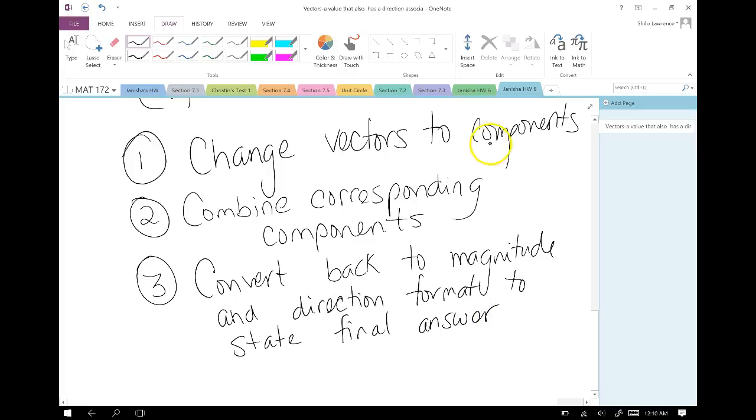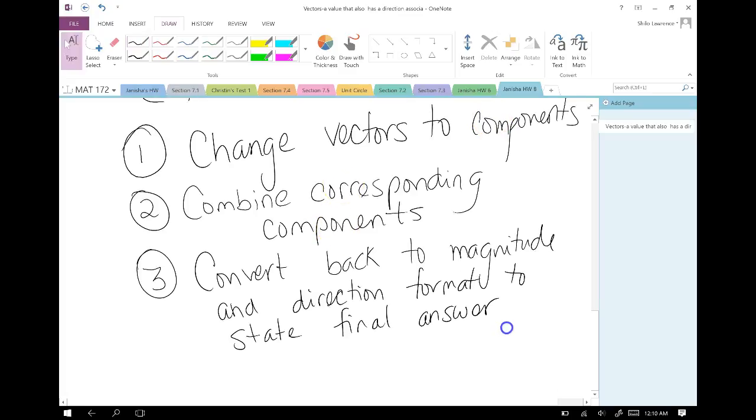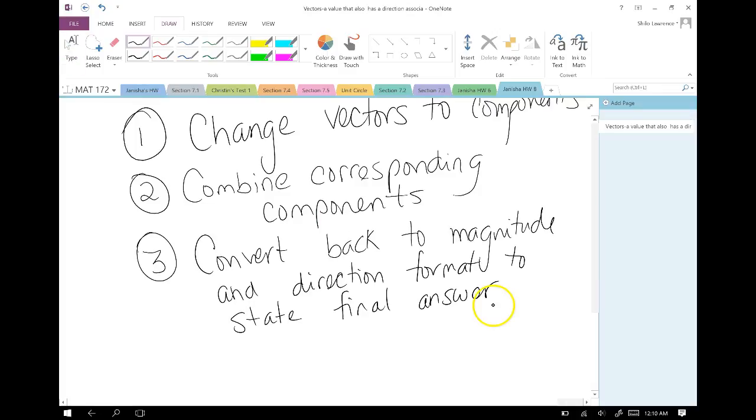So we have to change our vectors to components in order to do the calculations, but then we want to convert it back to magnitude and direction in order to state our final answer. So we need some conversion formulas because we've got to convert to components and then we need to convert back.